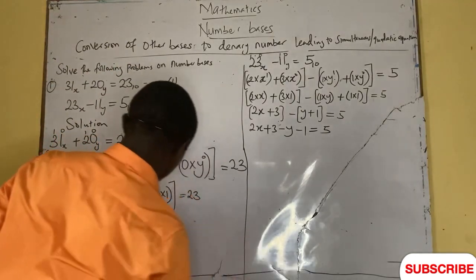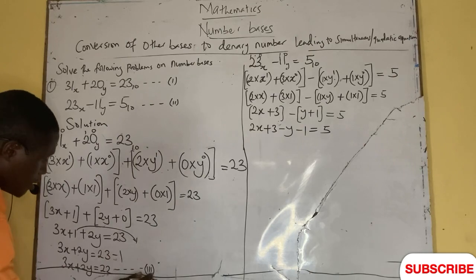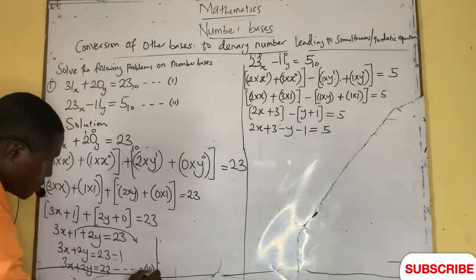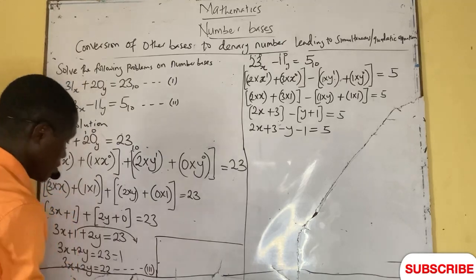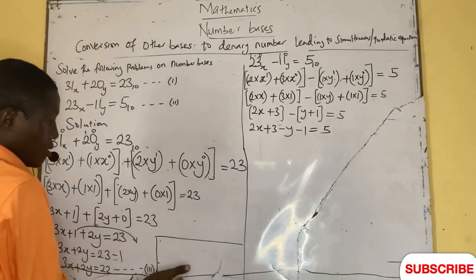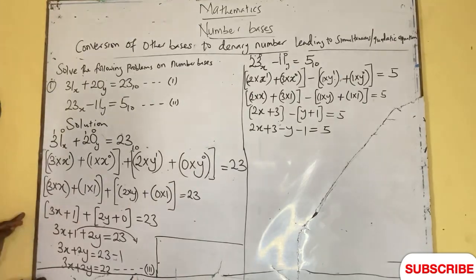This equation, I need to write the question here so that you don't forget. I have to write it here because I may not be able to see from afar.